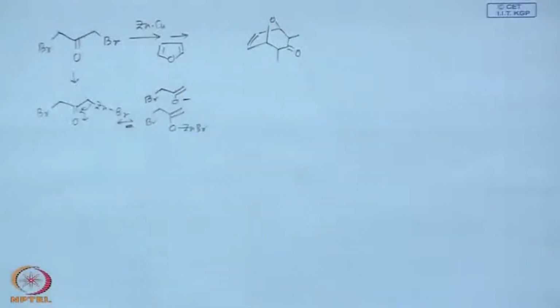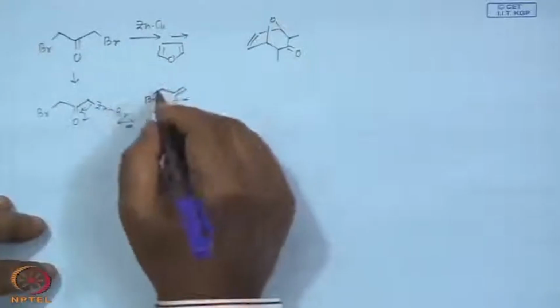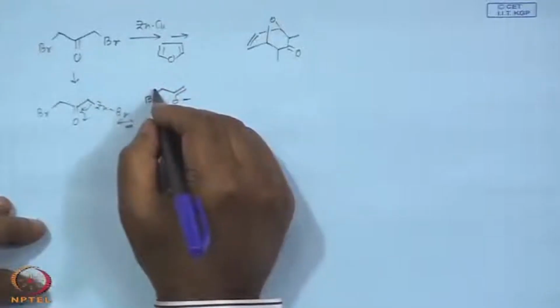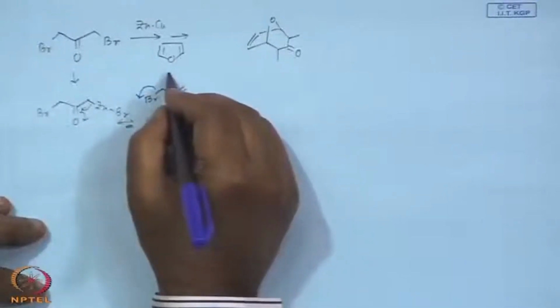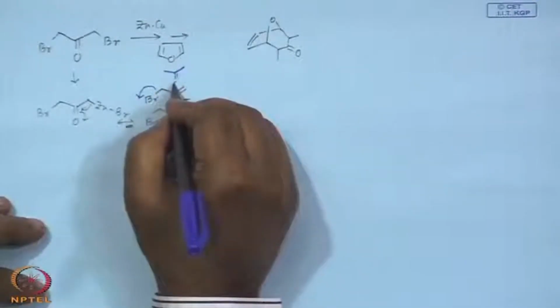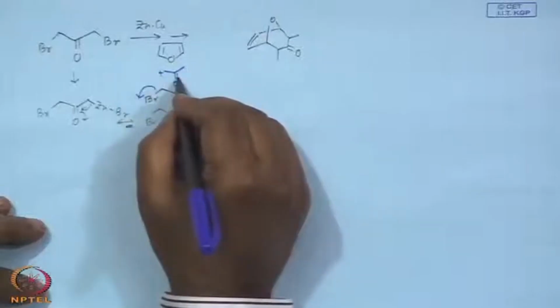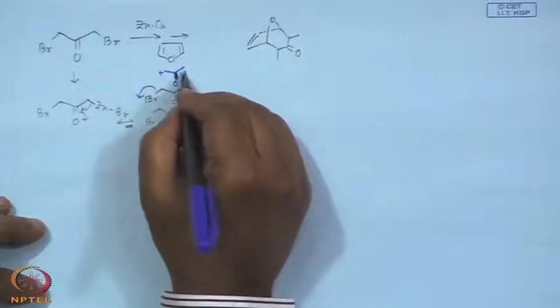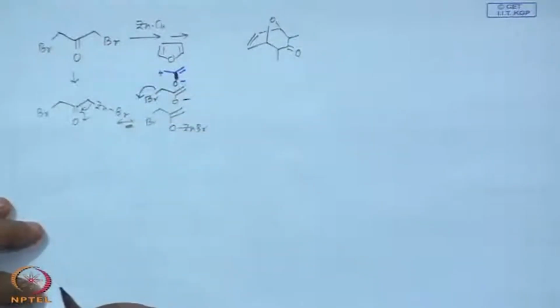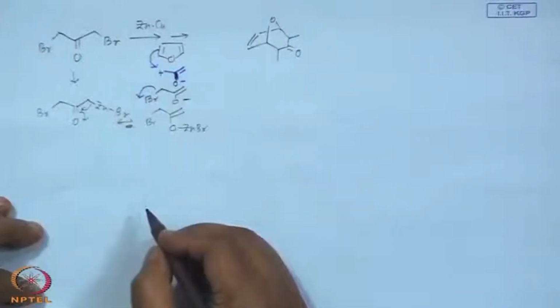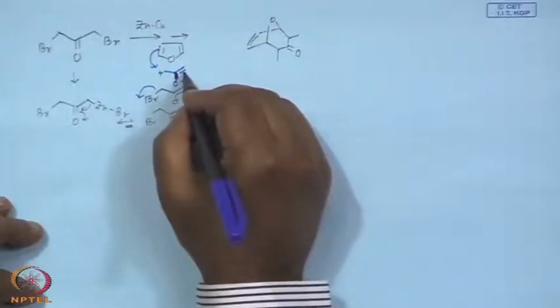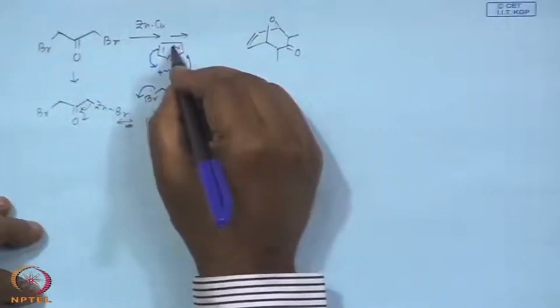Under these reaction conditions, if you have a polar solvent, you are likely to get a cation of this kind. This is oxygen minus, and this is the double bond, and then the electrons polarize towards the cation here, the negative charge goes to this oxygen, and the double bond moves. So, eventually you get to this sort of molecule. This is again a 7 membered ring.